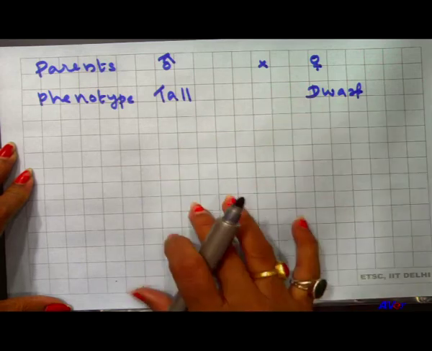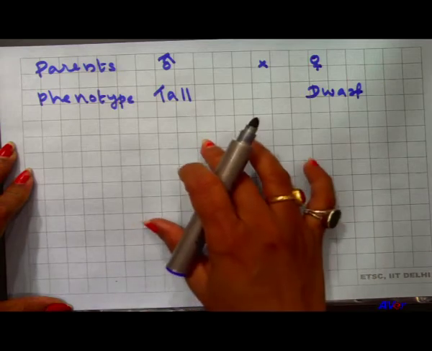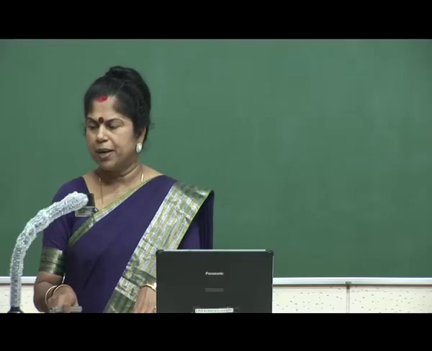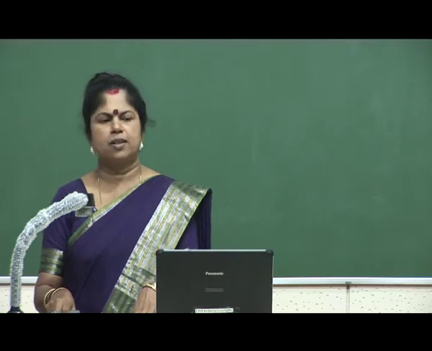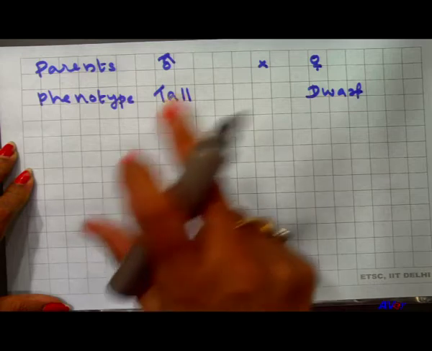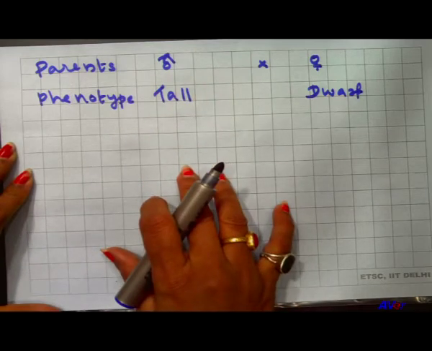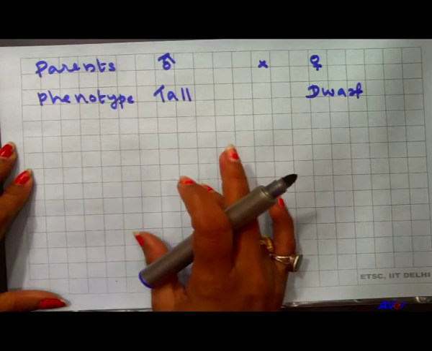The answer is, there is the technique called emasculation, that is removal of anthers from a bisexual flower before its dehiscence. The purpose is to avoid self pollination. Our aim is hybridization program, cross pollination.